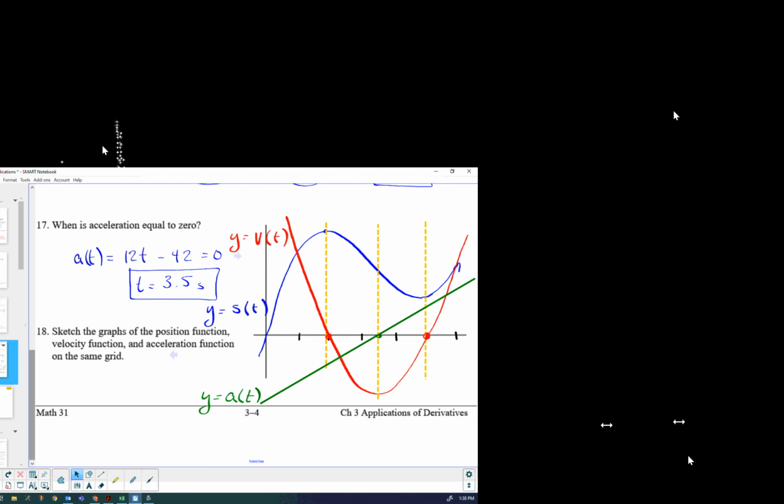The x-intercept is the vertex of the quadratic, right? Because if my acceleration is 0, that means that my tangent line was horizontal, and where my velocity function has zeros, those will be the maximum and minimum points on my cubic.